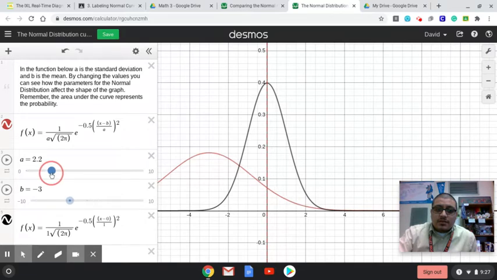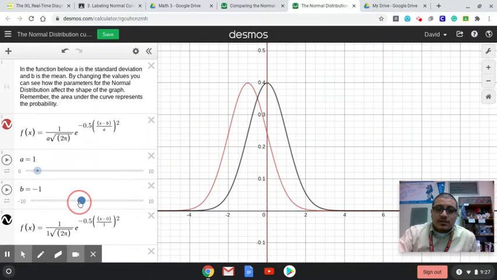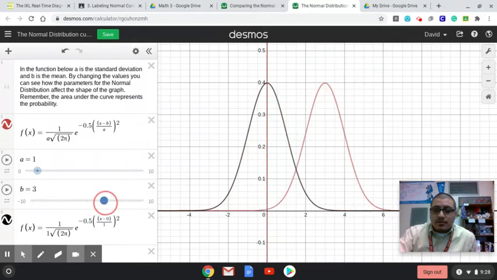And here you could see that these two normal curves have the same standard deviation, because they are basically the same in terms of being wide or narrow. One is not wider or narrower than the other. But when I shift it to the right, the mean is greater on the red curve because it's more to the right.